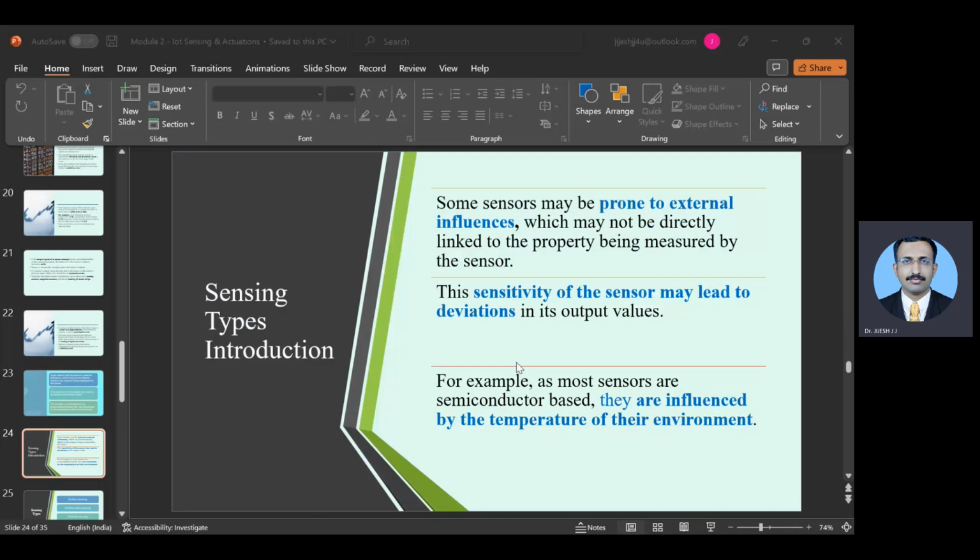You have a sensor, for example, this is your sensor, made up of semiconductor. The external factors will also be affecting the sensor. It is continuously monitoring and giving you the output values, a continuous process.